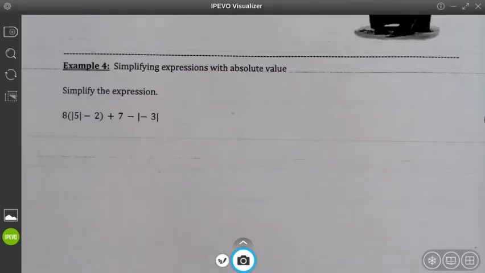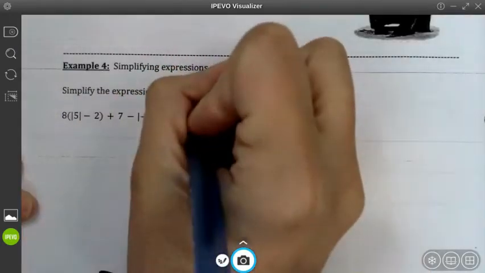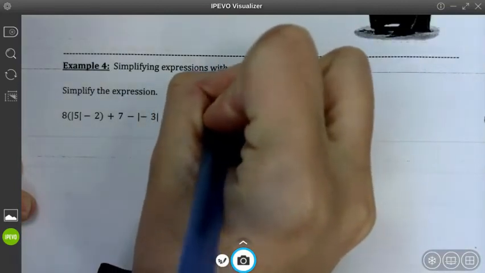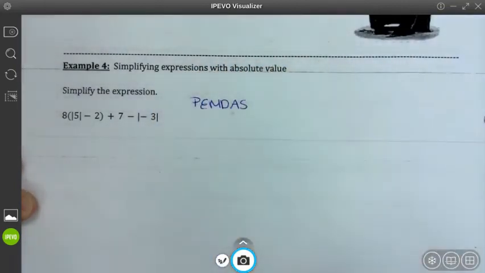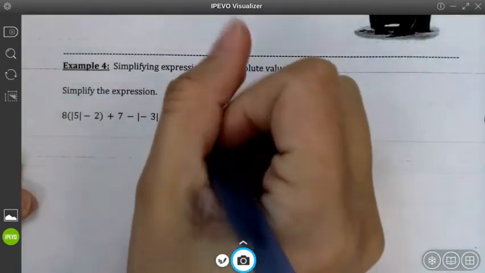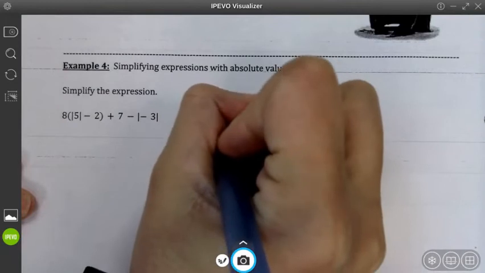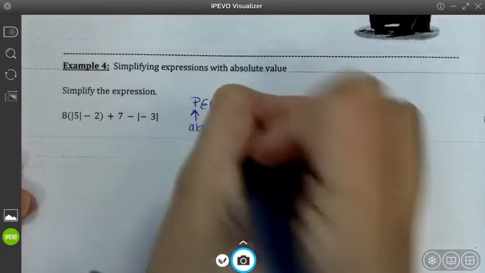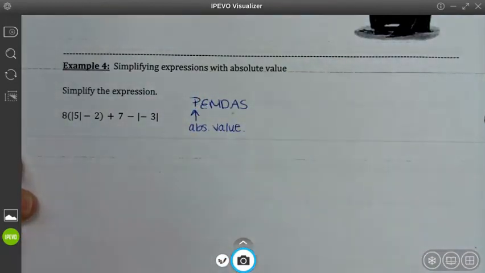All right, example 4. We have to simplify this expression. Now, when we simplify expressions, we follow PEMDAS. And we have a new term during these notes, absolute value, which I said we have to treat like an operation. So it needs to fit into PEMDAS somewhere. And it's going to fit in where we see parentheses.